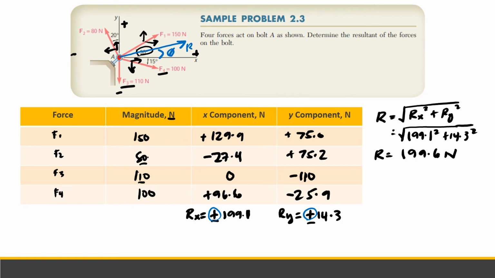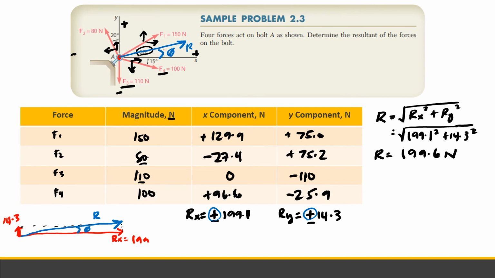Okay, so now for the direction. We have said that the resultant is located in the first quadrant since the components are all positive. So Ry is 14.3 and our Rx is 199.1. If we create a parallelogram, this will be our resultant, R at angle theta.